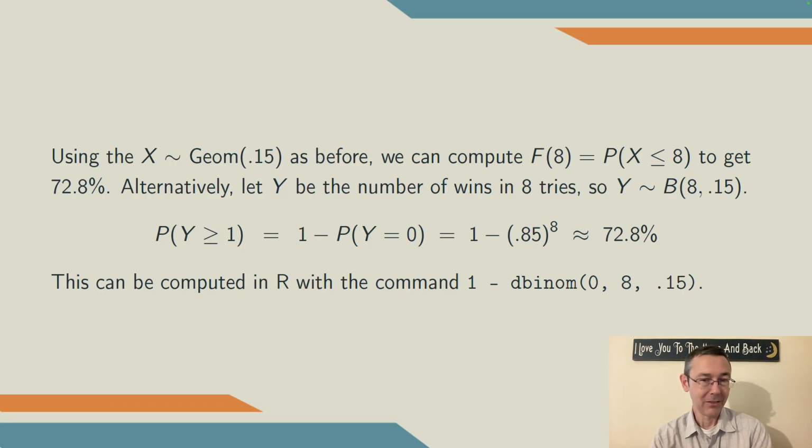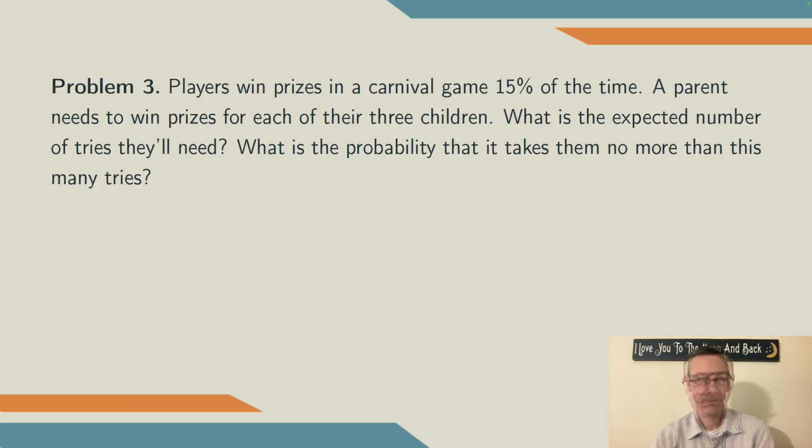So the probability of getting no successes is 0.85 to the 8, the probability of an individual failure to the 8th power, because it has to happen 8 times. Same answer, 72.8%. In R, the command for this would be 1 minus dbinom(0, 8, 0.15): the probability of 0 successes in 8 trials with a probability of success on each trial of 0.15.